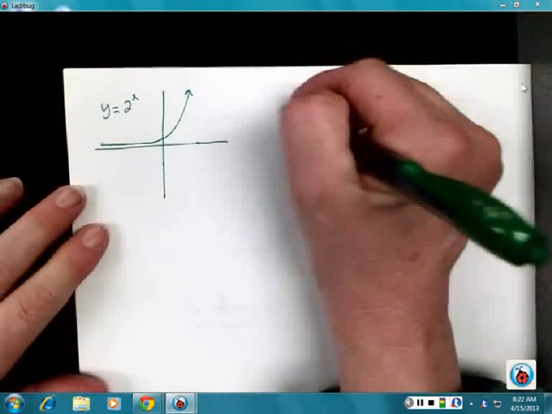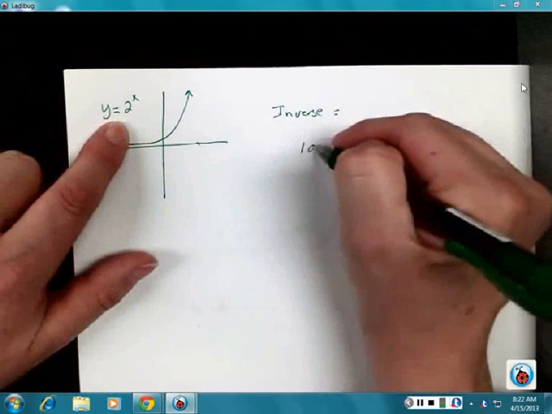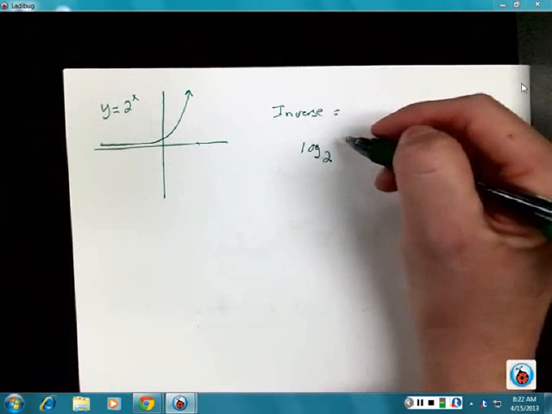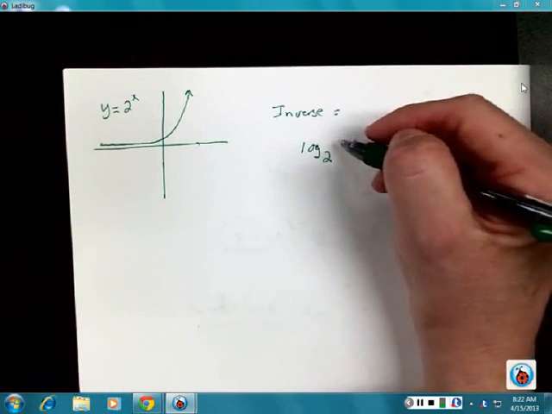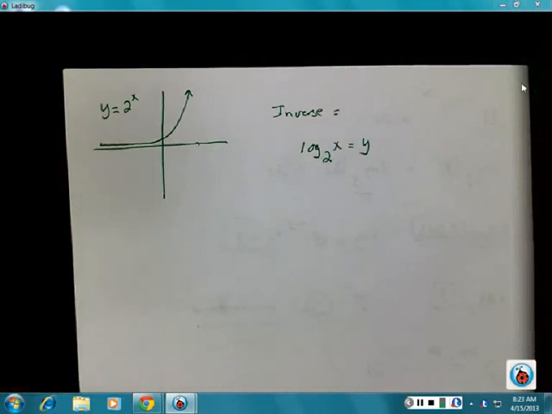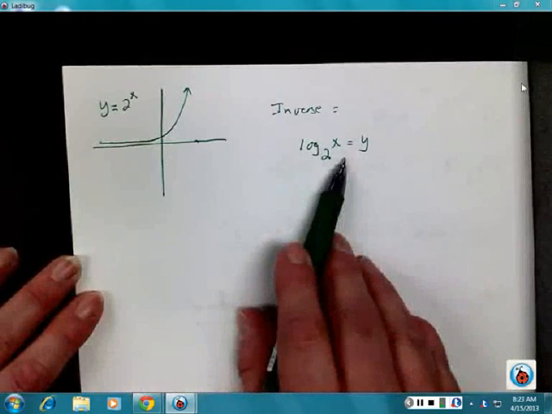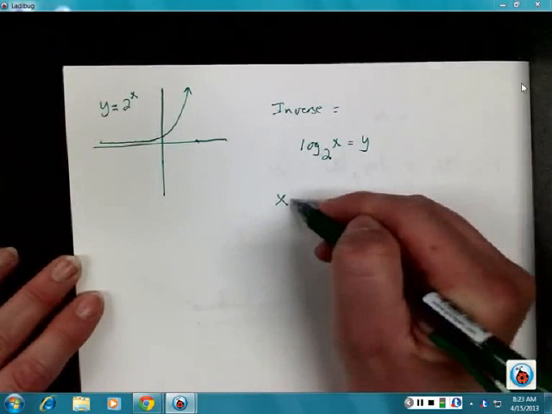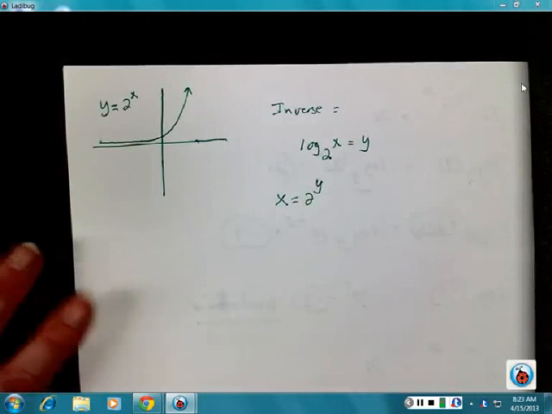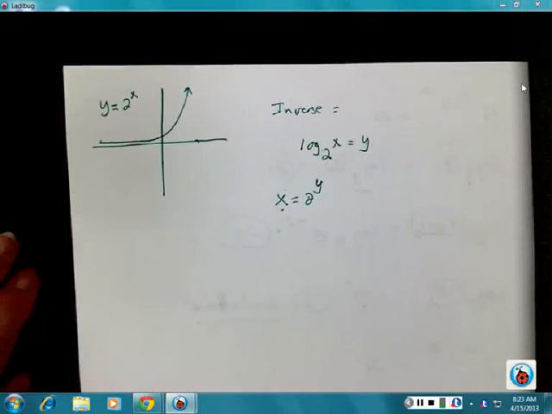If I did its inverse, which is to turn it into logarithmic form, it's going to be log base 2, and the answer is x. It's reversed, because whatever was your y became your x, and whatever was your x became your y, like we talked about before. So if I have log base 2, my answer was x raised to the y power.